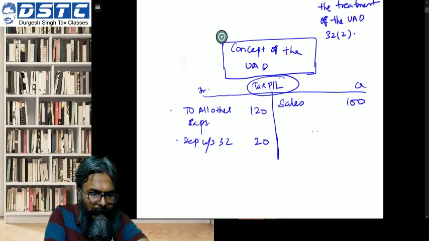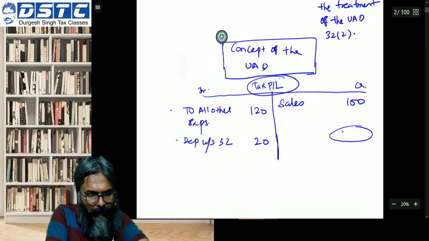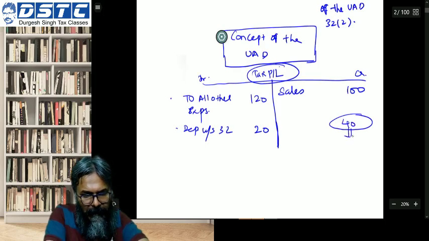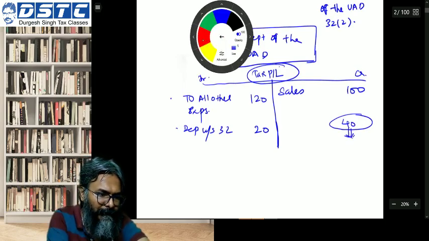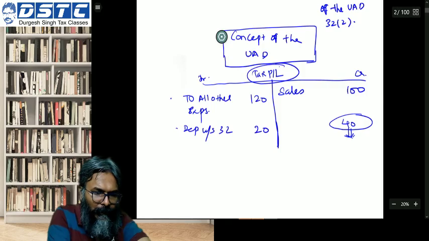Now what happens, students? There is a negative 40. So this negative 40 has to be analyzed. How are we supposed to do this?